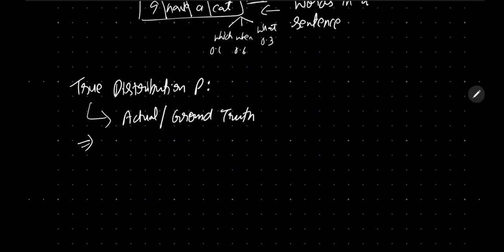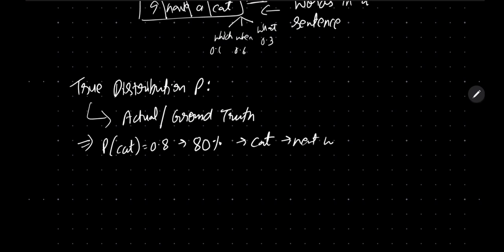So let's say we have the probability of cat. Probability of cat is equal to 0.8 here. This means there's an 80% chance that the next word is going to be cat. Now similarly, let's say we have the probability of dog. Probability of dog is 0.1. So this means a 10% chance that the next word is going to be dog.